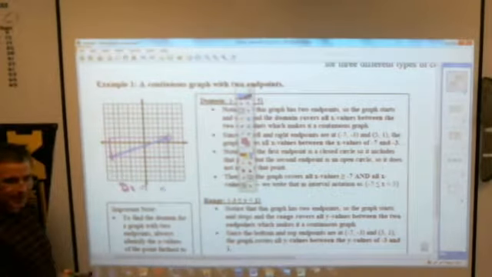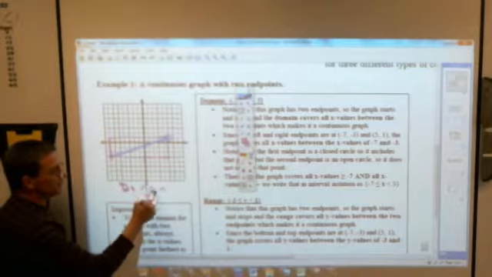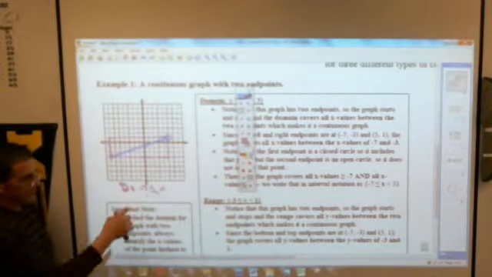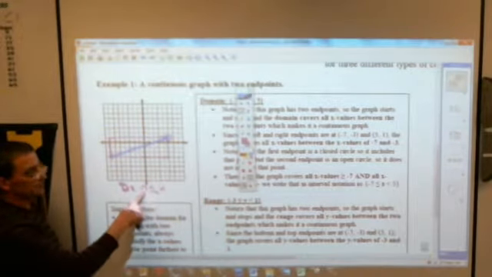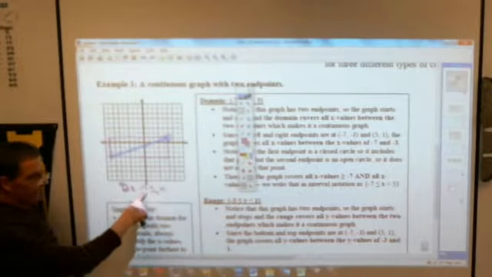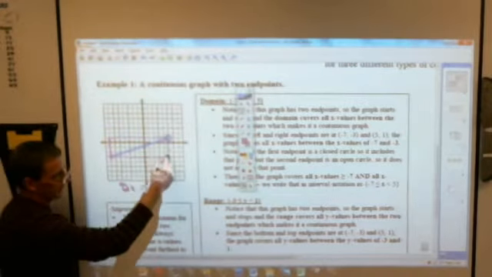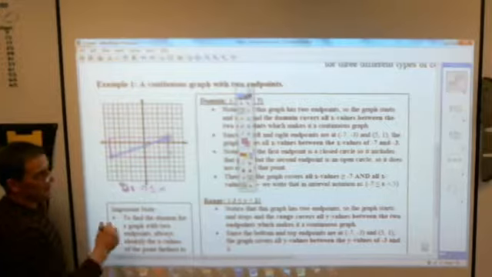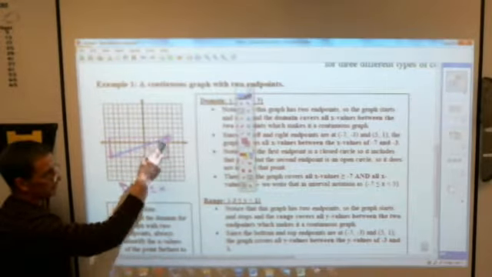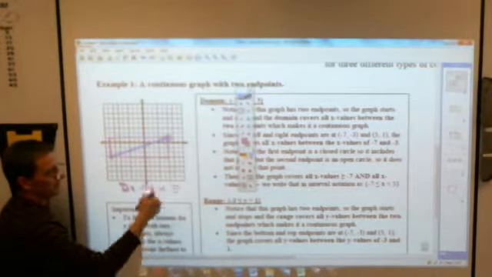If it's a colored in dot, that means it can equal -7. X has to be greater than or equal to -7. And then on the other side of x, you put what's the biggest x can be. X can be 1, 2, 3, 4, 5. But it can't equal 5 because it's an open circle.